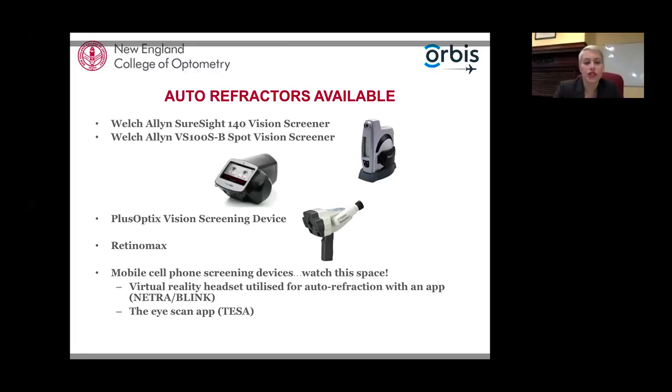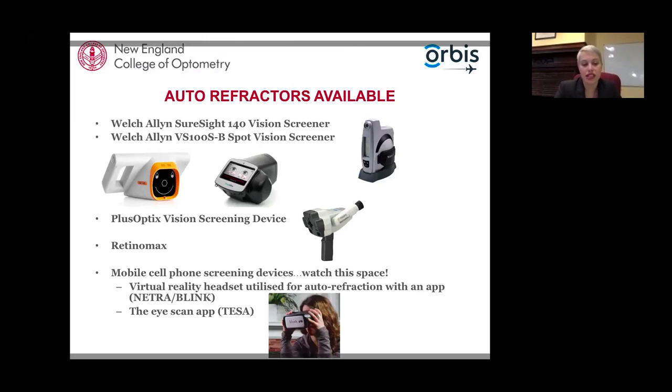We also have the Welch Allyn Spot, which is just new on the market. It's recently been added to the recommended screening devices list. We also have the Plus Optix Vision Screening Device, which has been labelled as acceptable at this stage.